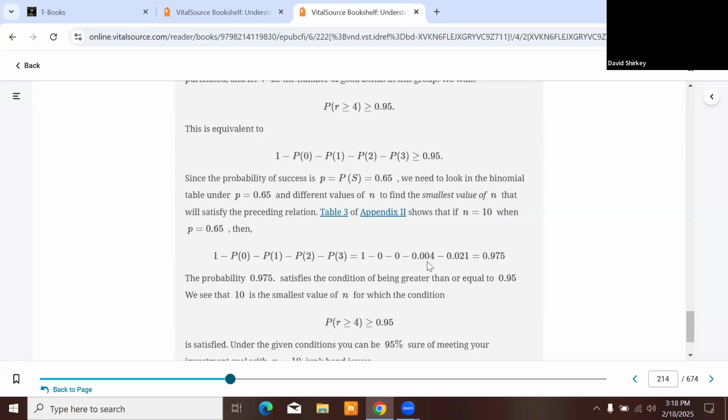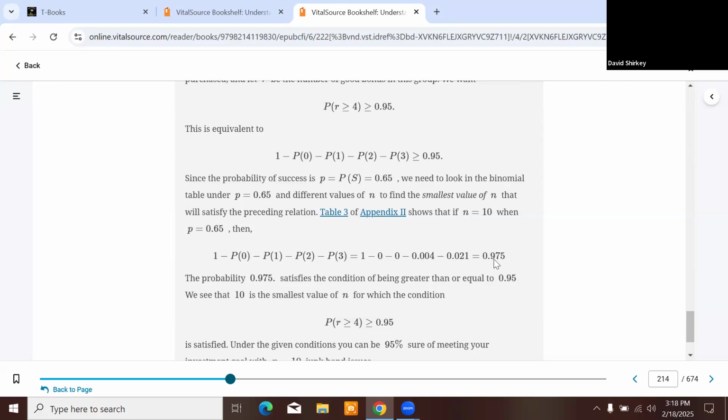The probability that it's 3 is 0.021. And so if you calculate that, you get 0.975. We wanted it greater than 0.95. So this is the first value, when n equals 10, where you get something that's greater than 0.95.